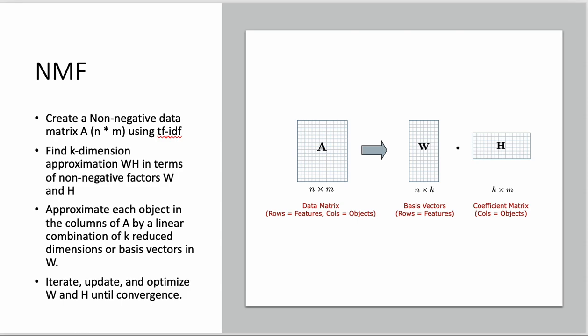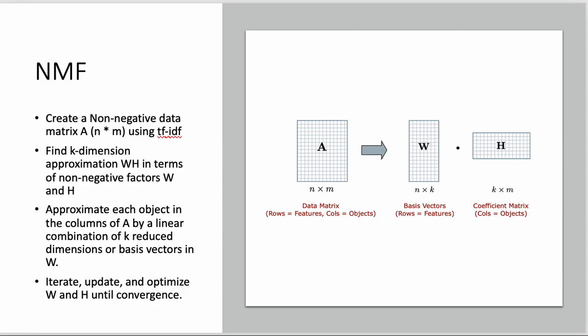Then we can find a k-dimensional approximation of W and H in terms of non-negative factors. W is the basis vectors, n times k, and H is the coefficient matrix, which is k times m. So similar to LDA, you get to choose the number of dimensions k for the NMF.